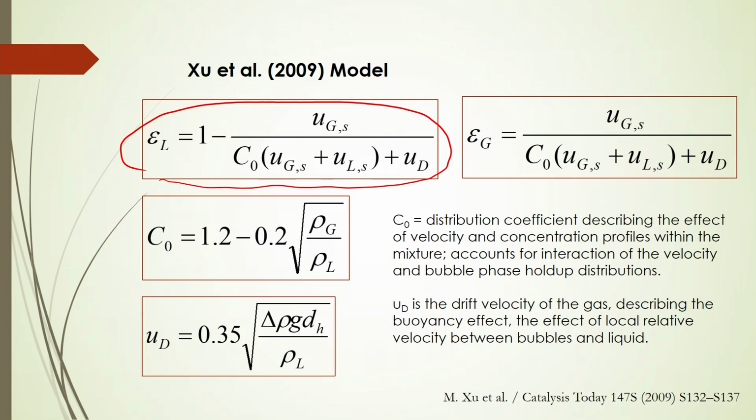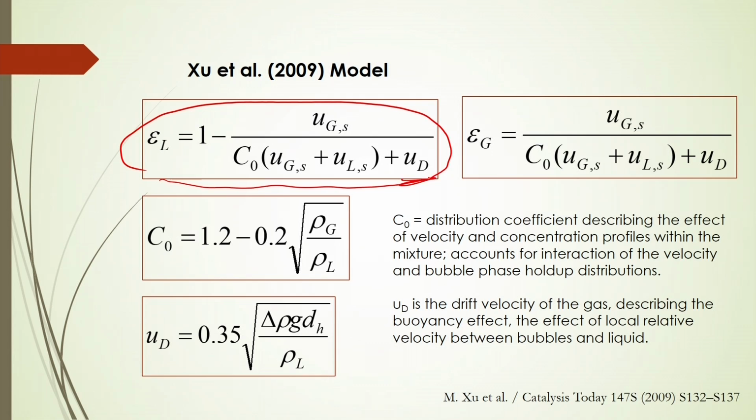Once you know the gas velocity and liquid velocity, of course, one of the important factors here is C_0. This C_0 is called the distribution coefficient, which describes the effect of velocity and concentration profiles within the gas liquid mixture flowing through the channel, and it also accounts for the interaction of the velocity and bubble phase hold up distributions. Another factor is U_D.